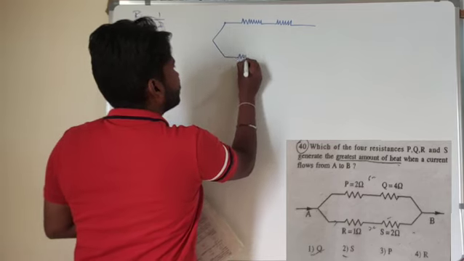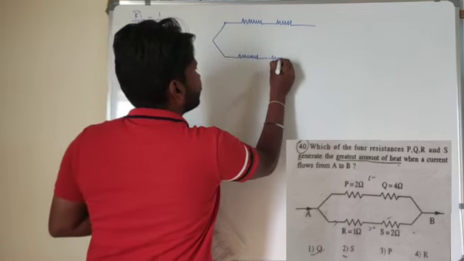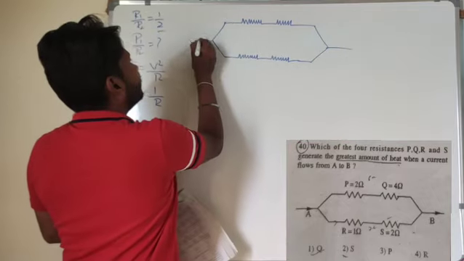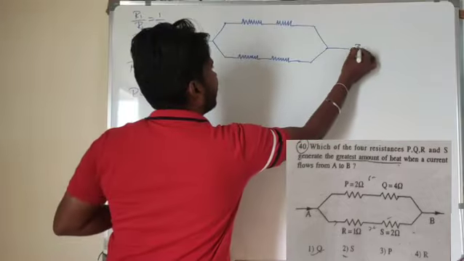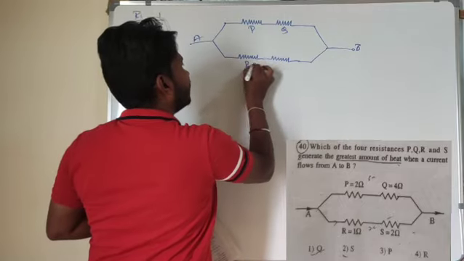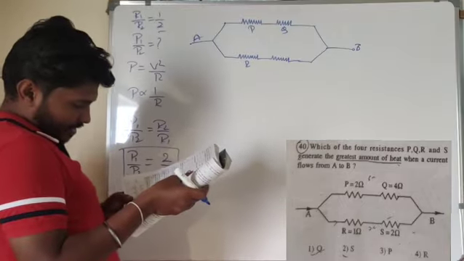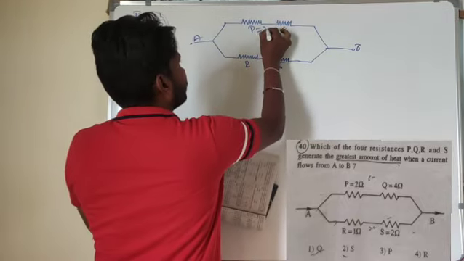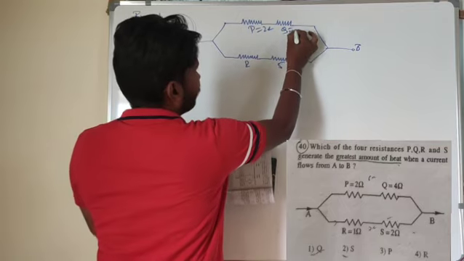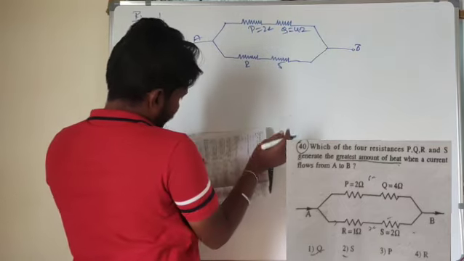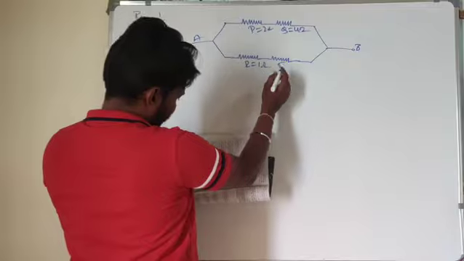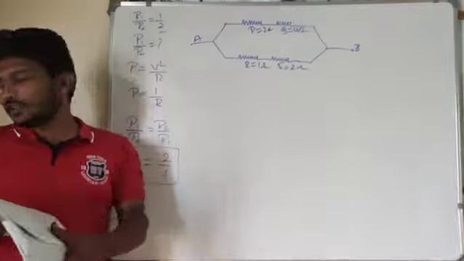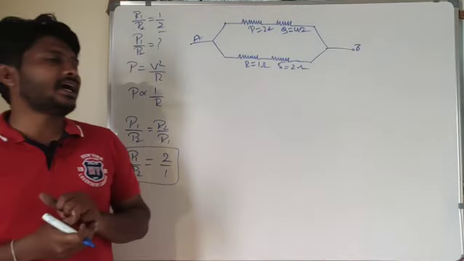Among the four resistances, which one will produce the maximum heat when the current is flowing between A and B? P value is 2 ohm, Q value is 4 ohm, R value is 1 ohm and S value is 2 ohm. So in which case will it produce the maximum heat? I need to find out.